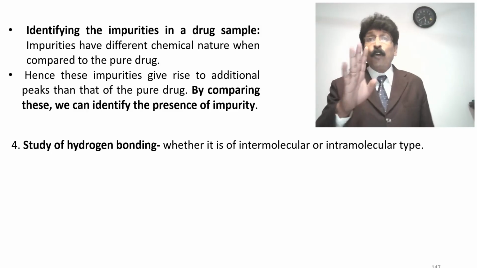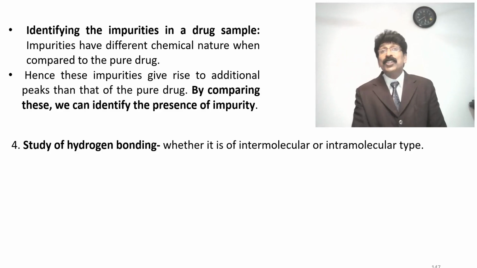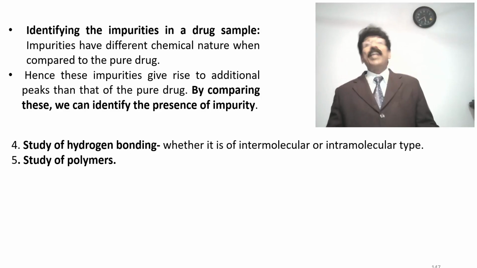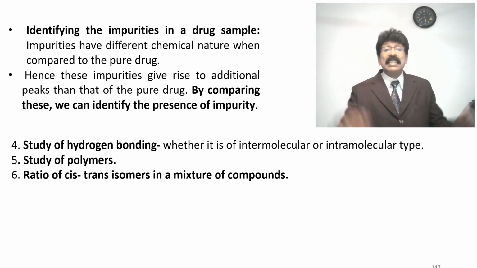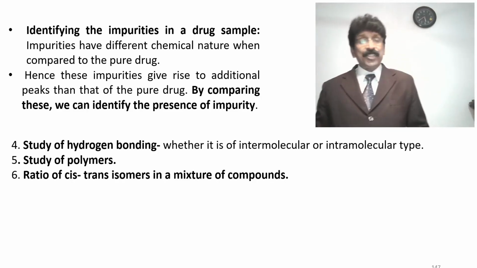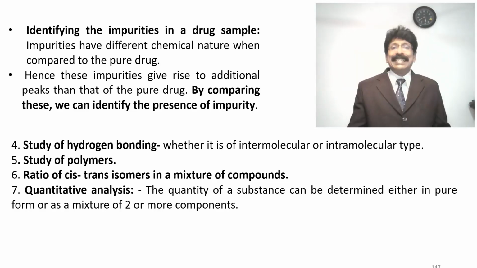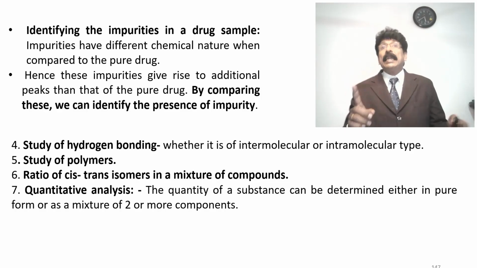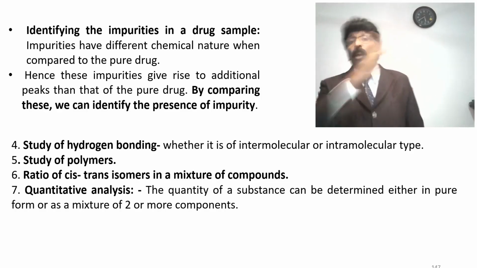Number 4, study of hydrogen bonding, whether it is intermolecular or intramolecular type. Study of polymers, and the ratio of cis and trans isomers in a mixture of compounds. Quantitative analysis: the quantity of the substance can be determined either in pure form or as a mixture of two or more components.